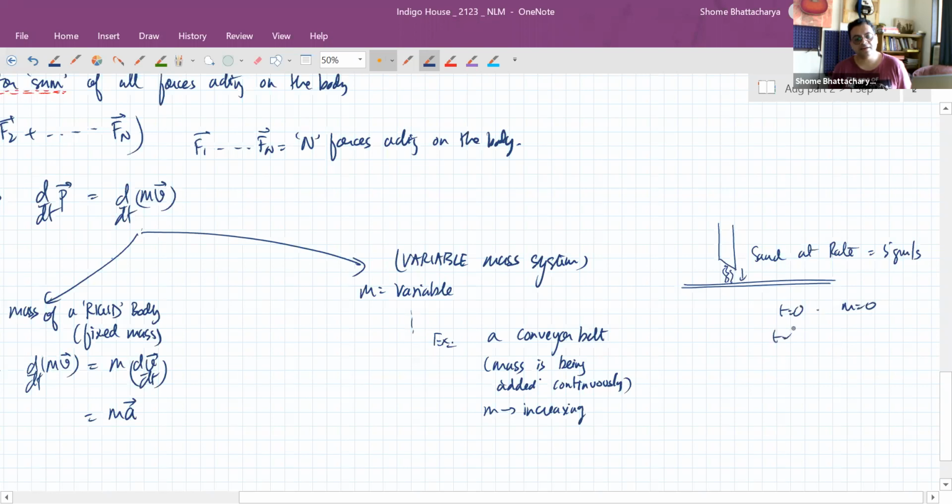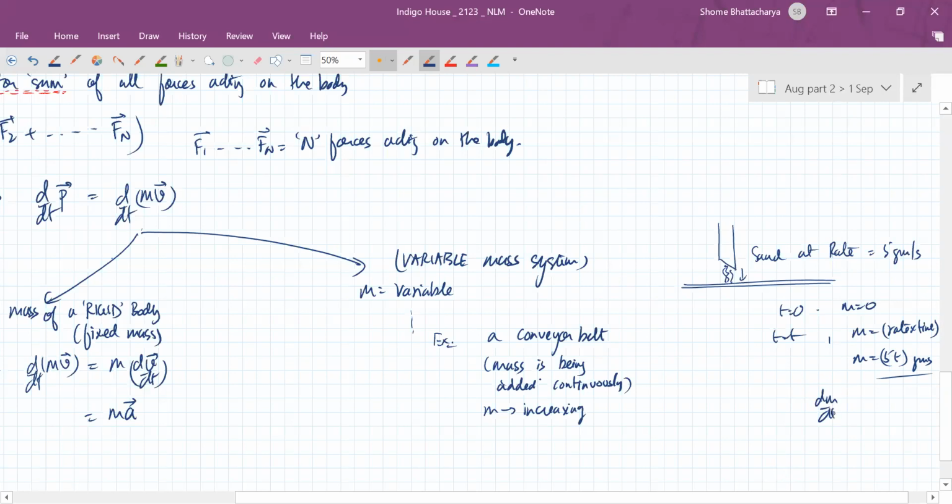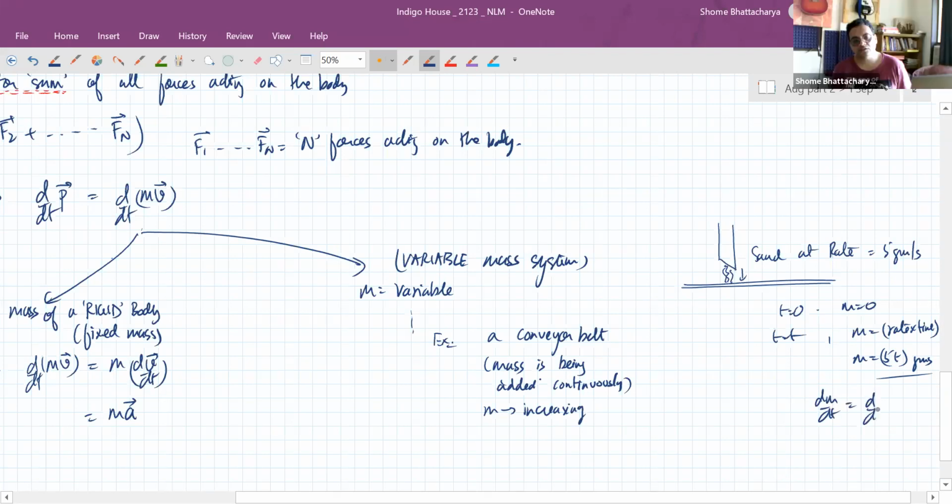So at some general time t, what will be the mass of sand? It will be the rate multiplied by time. So it's a variable quantity, no, beta. It's 5t in grams. You understand your point, no? Yes, sir. So is the rate of change 0? No. The rate of change is a non-zero quantity.